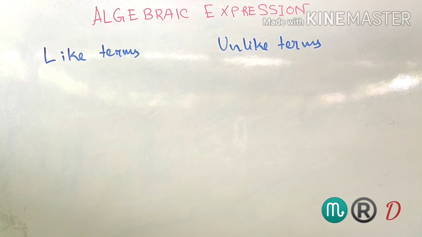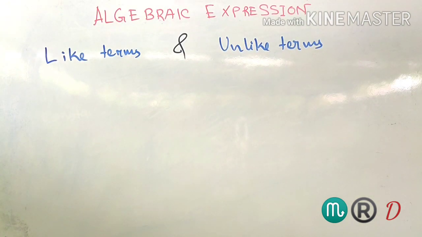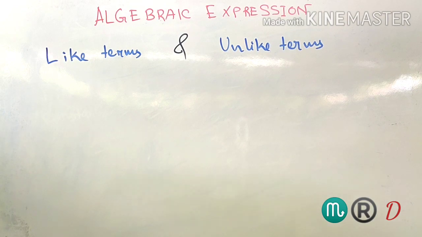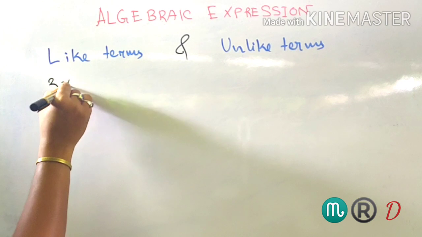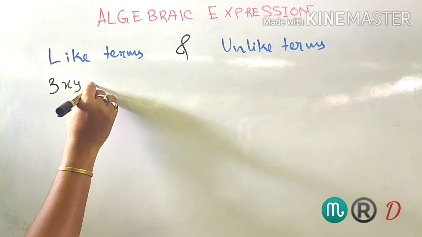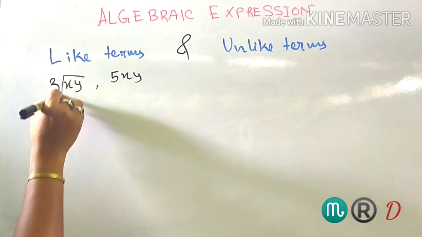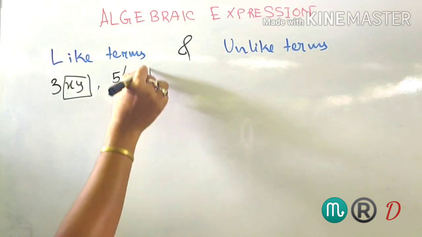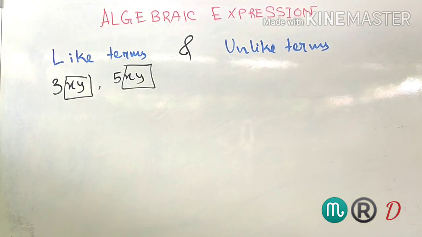Next are like terms and unlike terms. Like terms mean the terms have the same literal. For example, one term is 3xy and the other is 5xy. Look, the literal here is xy, and here also xy. Then these two terms are said to be like terms.